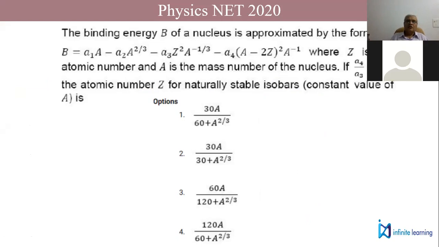You are given the formula for binding energy. You are given the relation between coefficients and you are asked which Z value will give you the most stable isobar for some value of A. So what should you do?